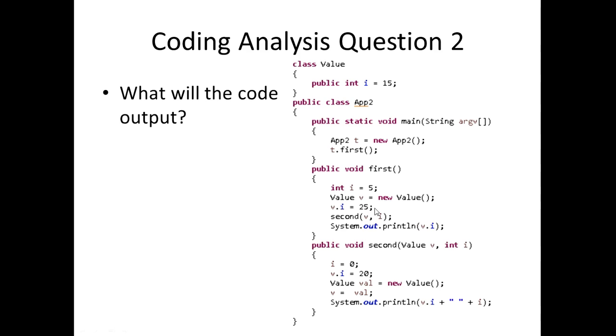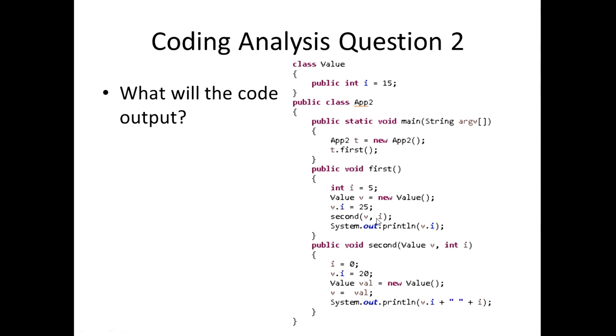So 25 will now be assigned to v.i. All right. Now, the next thing I want to talk about is this method second. Second is a method that's going to take in this object value, and is also going to take in a variable i, which is going to be 5.